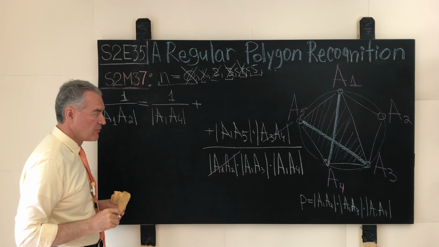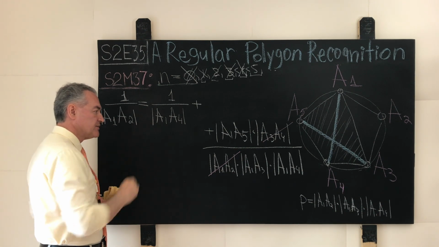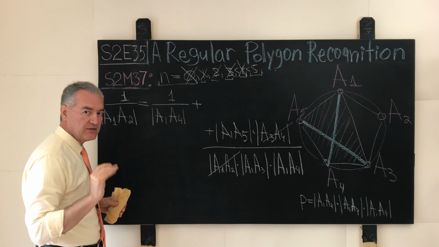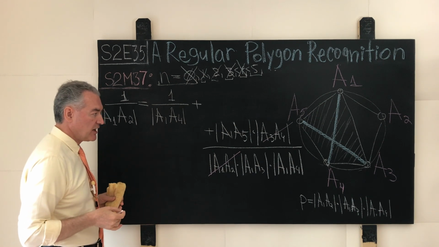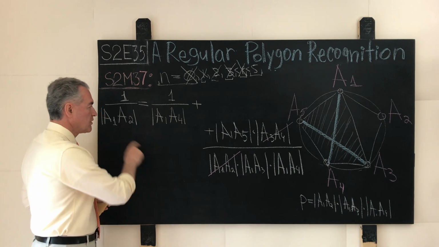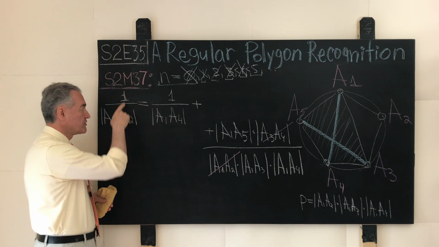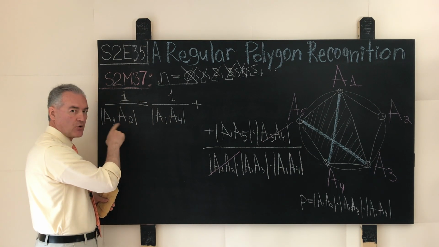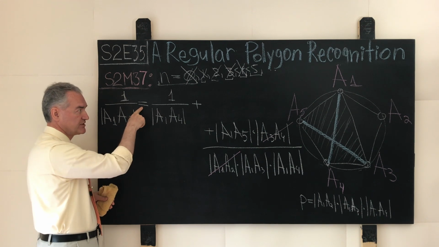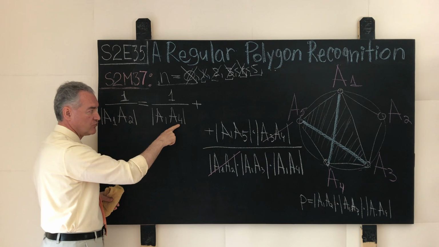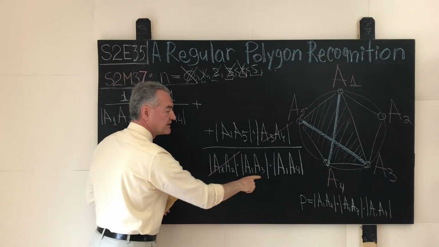And what do we do? Well, instead of copying this ratio verbatim, we copy it in a very clever or suggestive way. Remember, in the given constraint, what do we have? The reciprocal of the distance between the vertices A1 and A2 is represented as the sum of the reciprocal distances between the vertices A1 and A4 and what? A1 and A3.